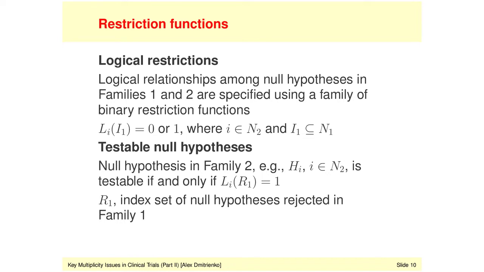The first step will be to determine which individual hypotheses are rejected in family 1, and this set will be denoted by R1, as you can see at the bottom of the slide. Then each individual hypothesis in family 2 will be classified as testable if the restriction function is equal to 1, and if the restriction function is equal to 0, then the hypothesis will not be testable. It will be accepted without testing, as we said a minute ago.